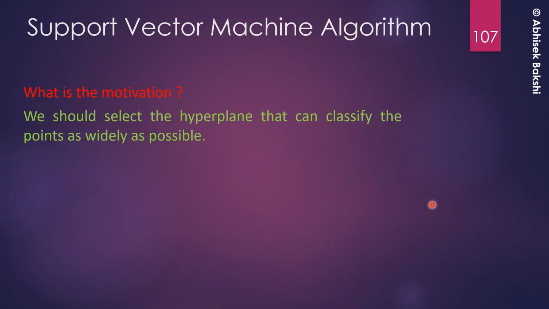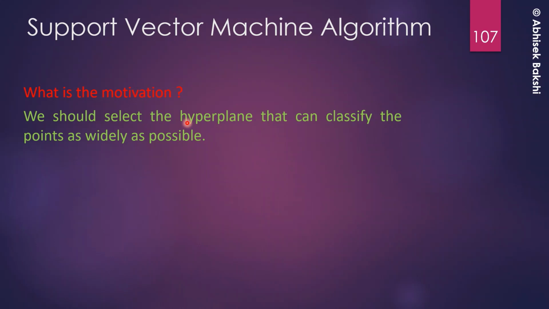By the way, we have a new word here, hyperplane. What exactly a hyperplane is, we will understand very soon. But just for the time being, don't think of it as a hyperplane. We should select a line, a straight line you can consider, just for the time being.